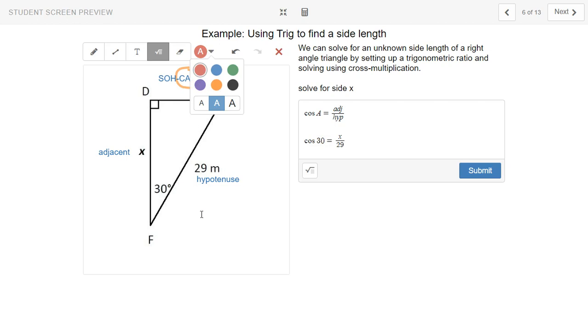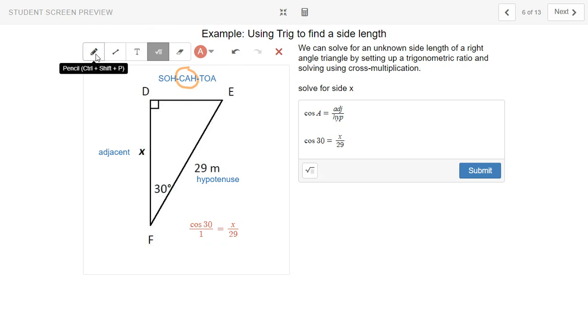Just a side note here, I want you to remember that if I have cosine 30, it's going to turn out to be a number. But we know that we can divide any number by 1 and it makes it a fraction. So cosine 30 is equal to x over 29, which is equivalent to me writing it like this.